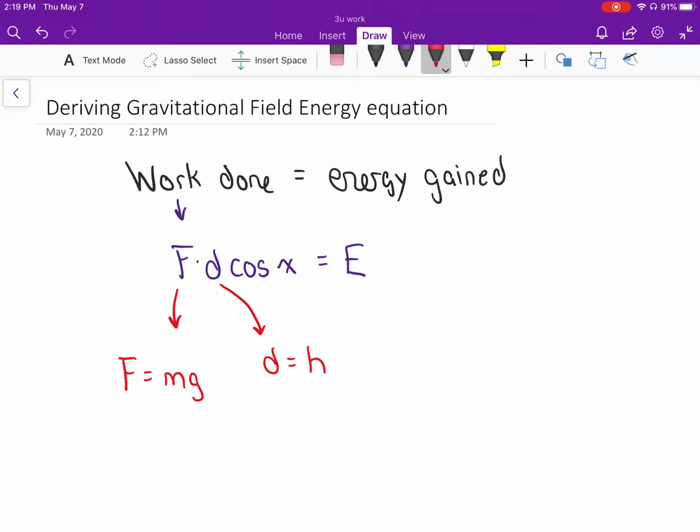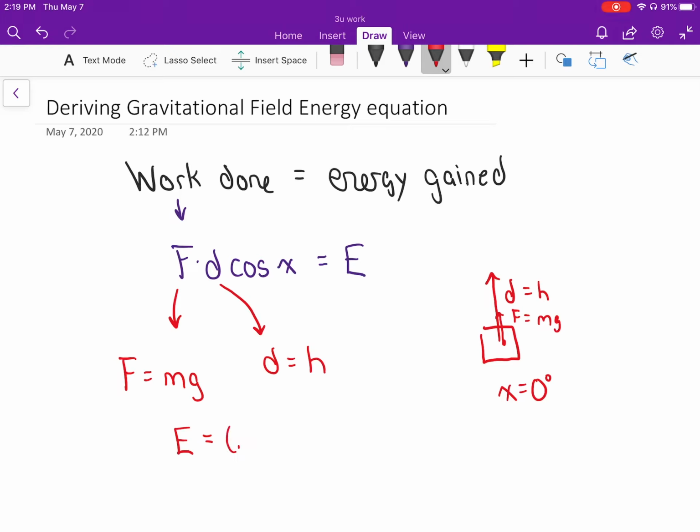And then the last part is, if we lift something straight up, so say we've got a box, if we lift it straight up, the d is pointed straight up. To lift it, if we think about forces, the force you do to lift it is also straight up. So we can say that the angle between those is 0 degrees. That means that our energy, it was F d cos the angle.